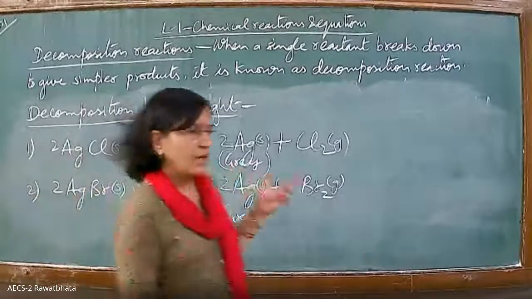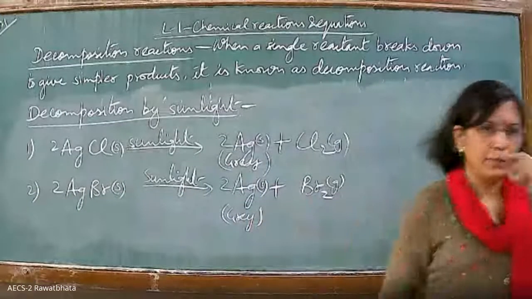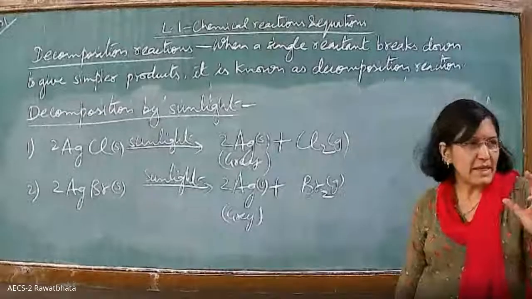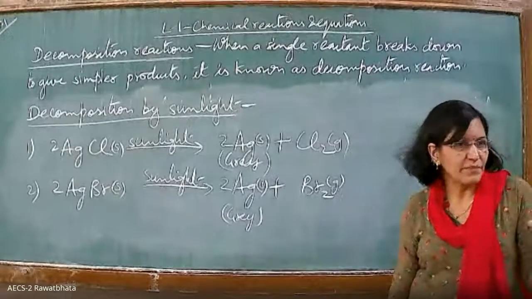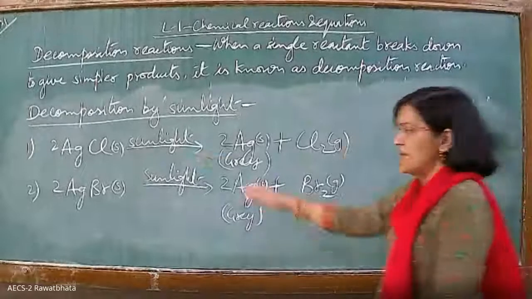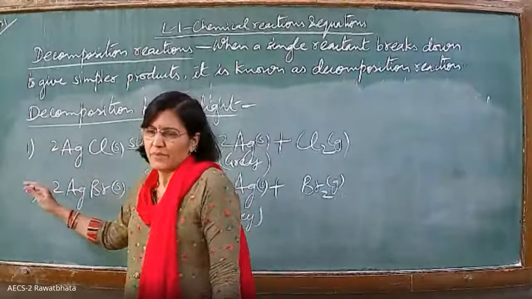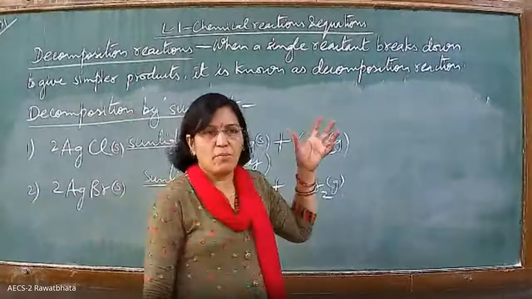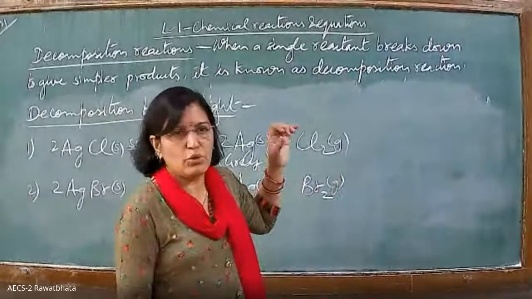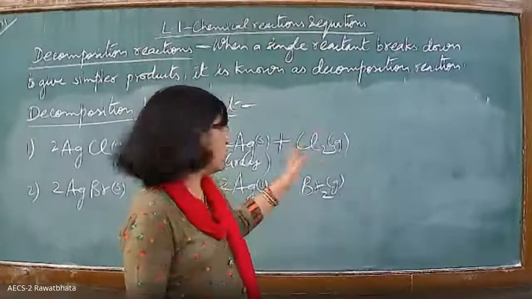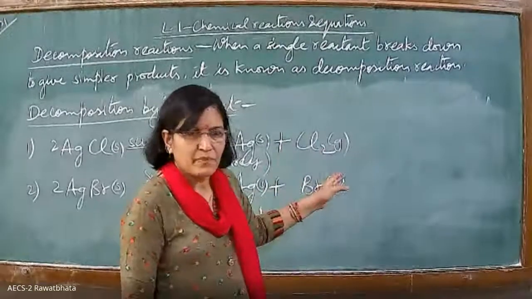Now what is grey? We have seen the color of silver, the color of silver ornaments. It has a greyish shine inside it. Initially before the reaction it was there in the form of AgCl or AgBr. When energy came to it in the form of sunlight, the bigger molecule got broken down, the decomposition took place and it got broken down to silver and chlorine or silver and bromine. These are of course gases.